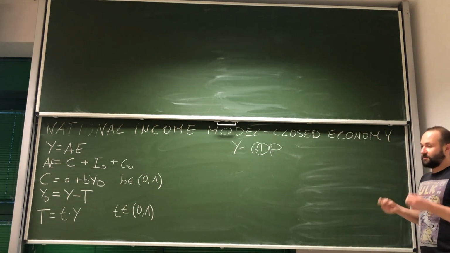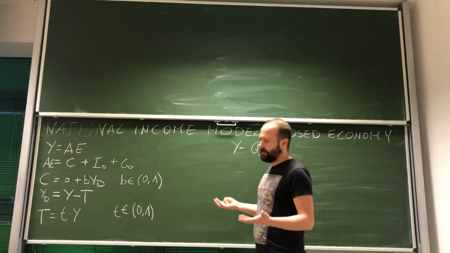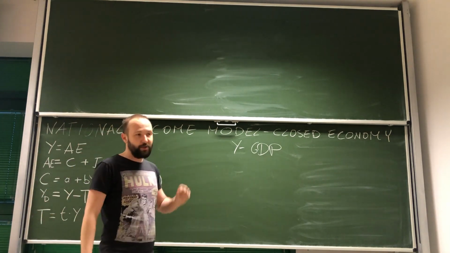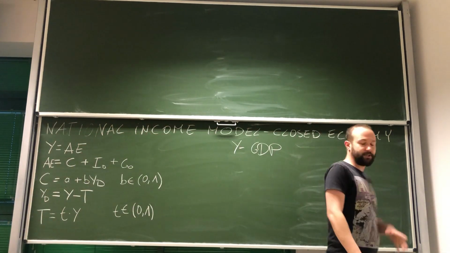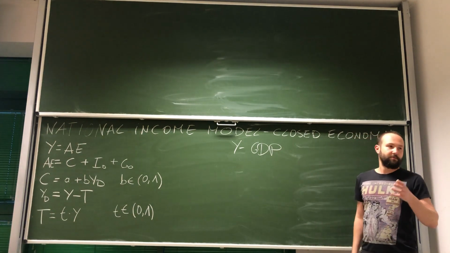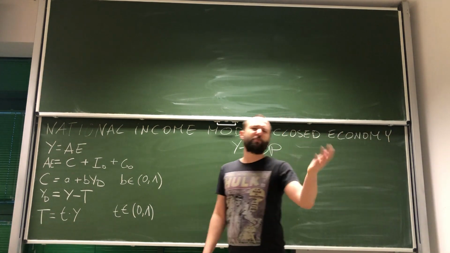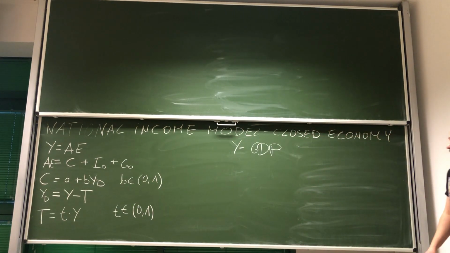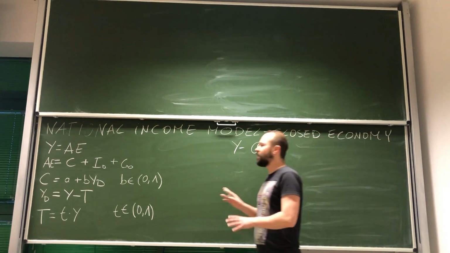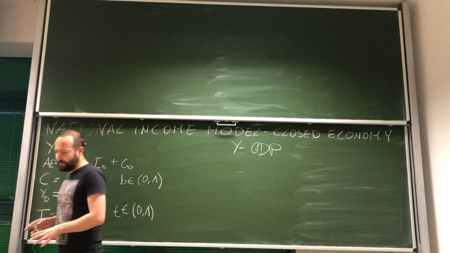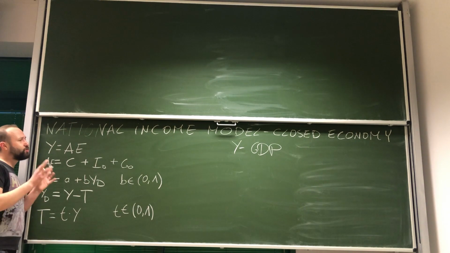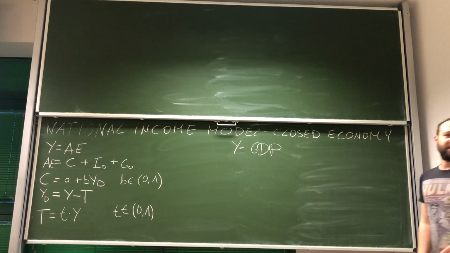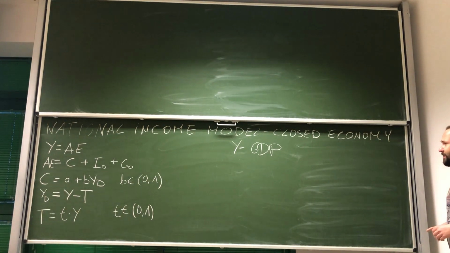A worker is also a member of some household. And finally, even the profits go to entrepreneurs who are also members of households. Of course, part of the profits can also be reinvested, but we talk about general picture right now, just to understand what is the logic behind the model. We don't need to get into too much detail on how everything works. This is for your macroeconomics class.